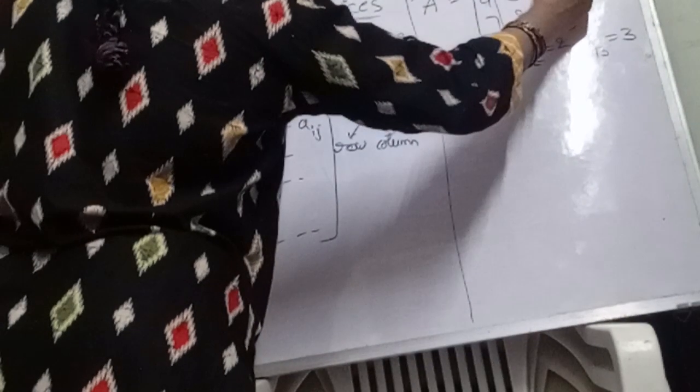First row, third column is 3. In the same way, A21. This is 1 1, this is 1 2, this is 1 3, and this is 2 1. That means second row, first column is 4. Next, A22, second row, second column is 5. Next, this is 2 2 and this is 2 3. Second row, third column is 6.